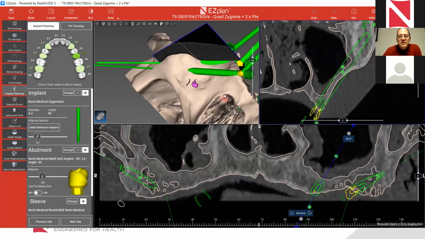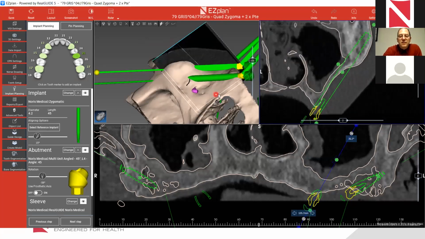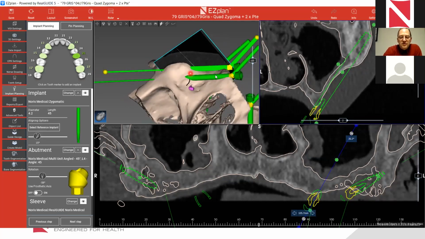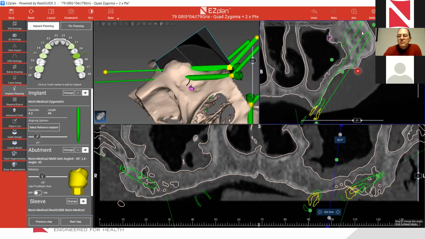When I see them parallel, imagine that there is a gap of glass between them, one leaning on top of the glass, one on the bottom. If I see from this view that there is a distance here, that means that there is a distance here.